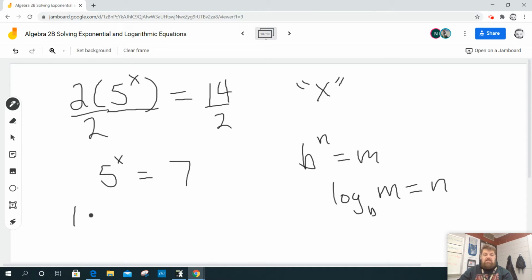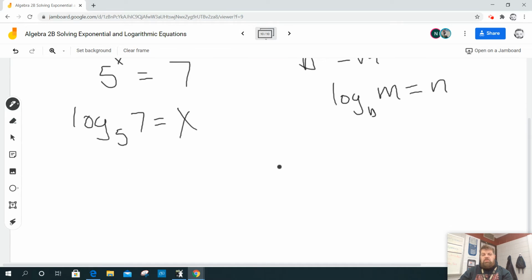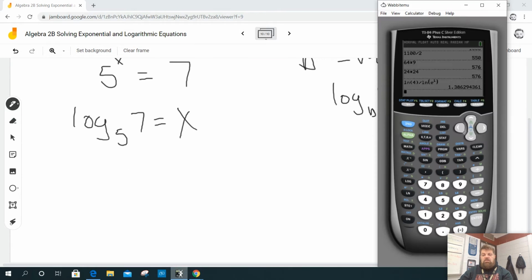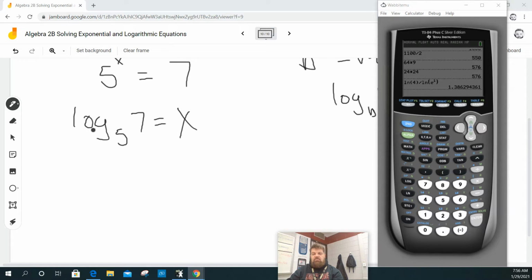So I could say the log base 5 of 7 is equal to x. But the problem is that on a graphing calculator like this one, I don't have log base 5.